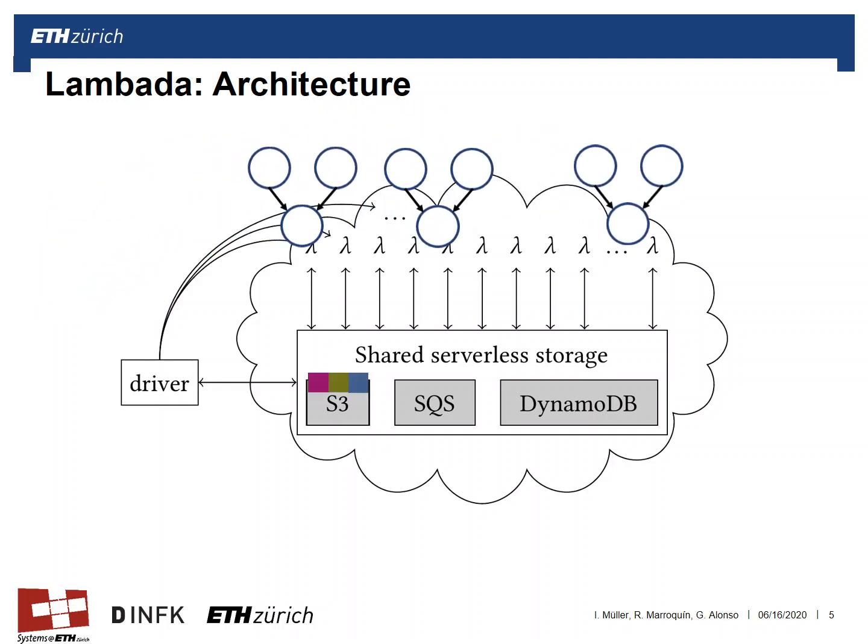Initially, the data is on S3, and each worker downloads a slice from that input into its local memory and applies the plan in a data parallel way. If, as part of the plan, the workers need to communicate, they need to do so through external storage, because, as I briefly mentioned earlier, the cloud providers do not enable direct communication between the workers.